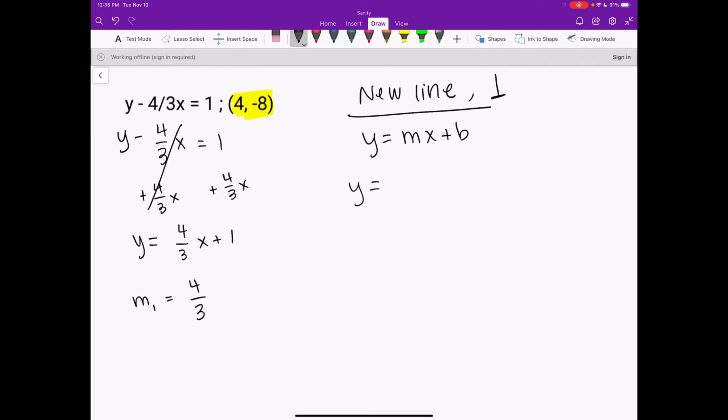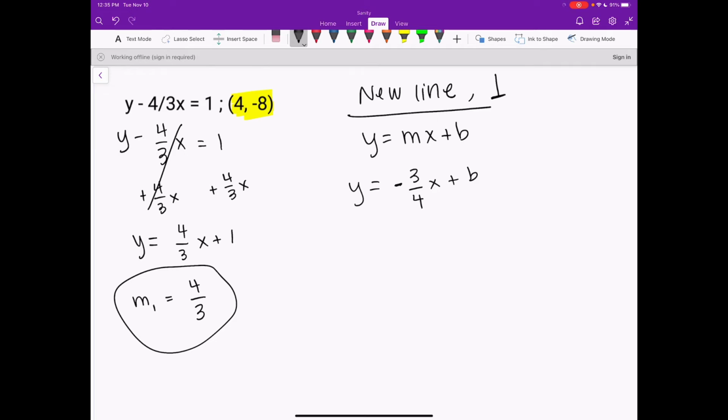I'm going to find the opposite, so 4/3 over there is a positive 4/3, so I'm going to write negative. And then the reciprocal just means, think about flipping your fraction. So instead of 4/3, I'm going to write 3/4. So my slope of this line has to be negative 3/4 x plus b.